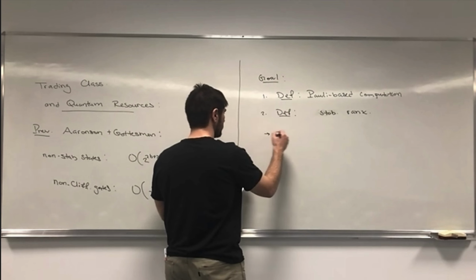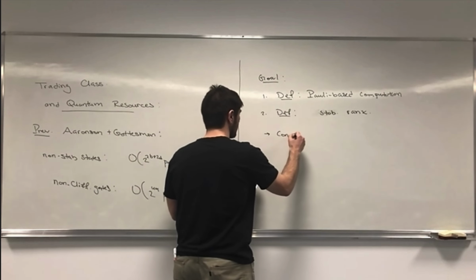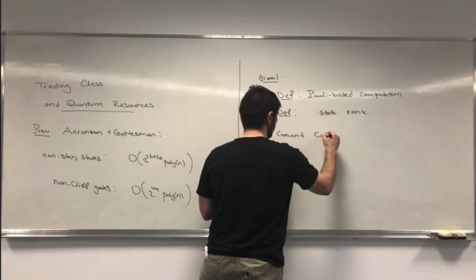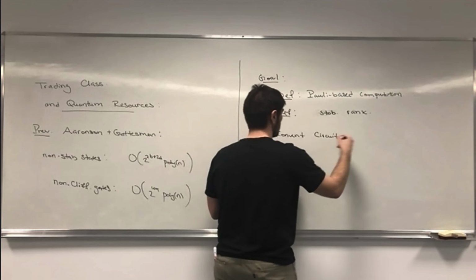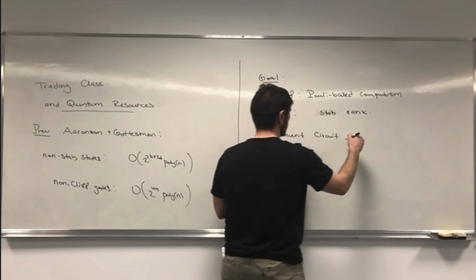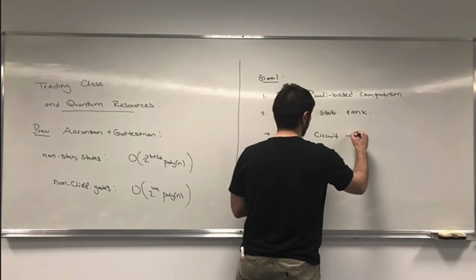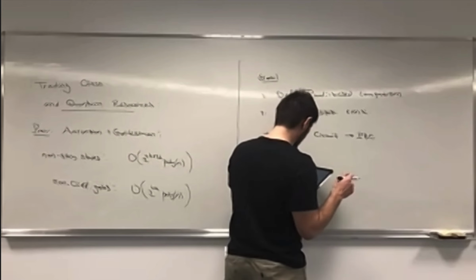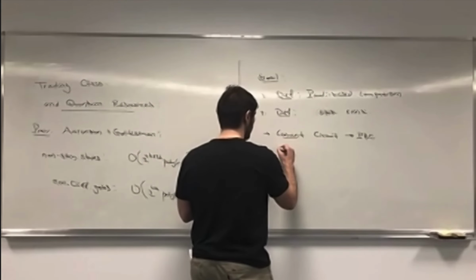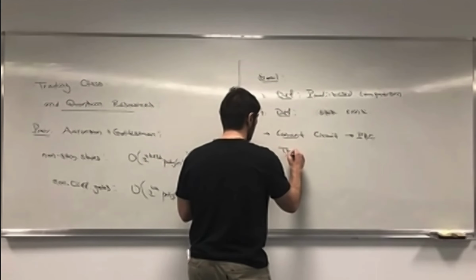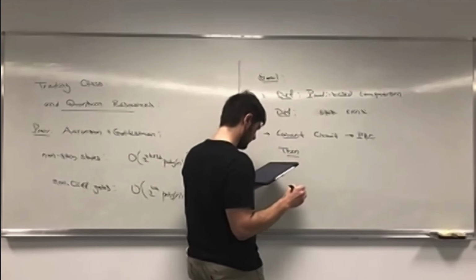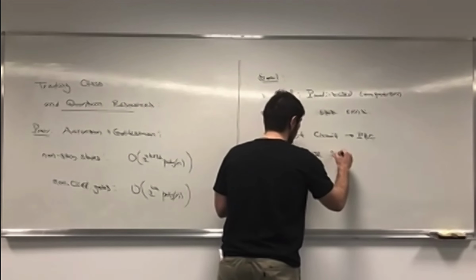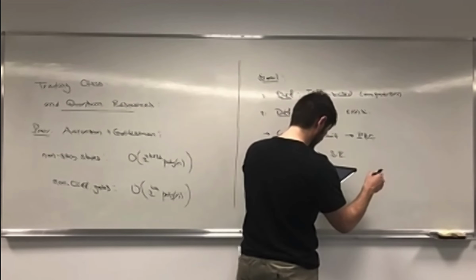kind of what they do is they convert the circuit-based model to a Pauli-based computation, which includes some magic states. They convert it, and then they use the stabilizer rank to improve on the classical simulation.